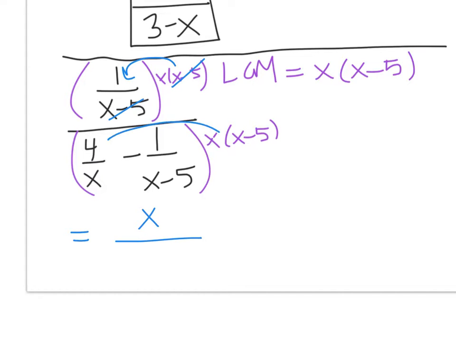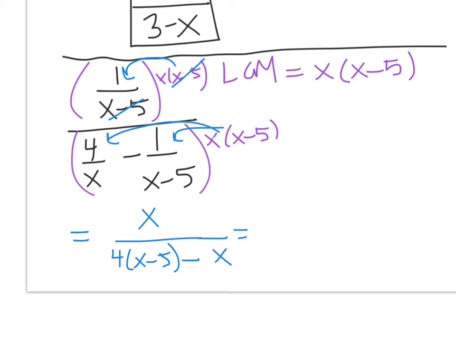I have to do this times this, and then this times this. When I do it to the first one, the x's drop out, and I get 4 times x minus 5. Minus, and when I do it to the next one, the x minus 5's drop out, cancel to 1, and I end up getting x times that 1 that's there.